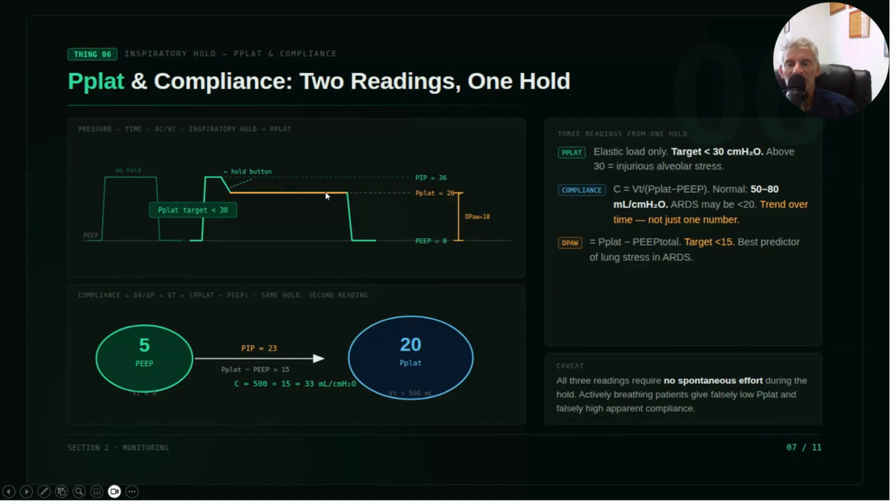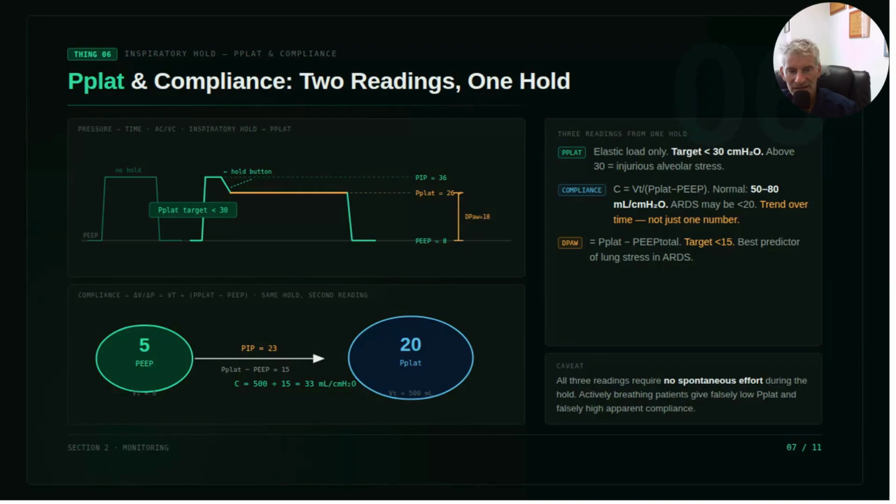You could think of the lung like a balloon. You inflate the balloon, and if you feel the pressure coming back at you after the full balloon is inflated, that is what we call plateau pressure. That's a measure of the stiffness of the lung. So if your peak is 36 and your plateau is 26, we look for a difference of 10.